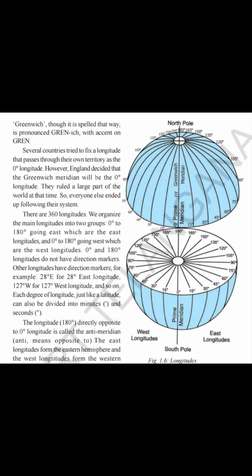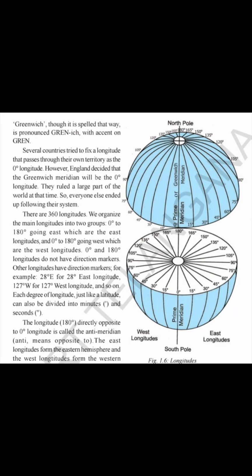So here children, this Greenwich meridian passes through London. Many other countries tried to fix their own country as the longitude that passes through. However, England decided the Greenwich meridian will be the 0 degree longitude. Why?